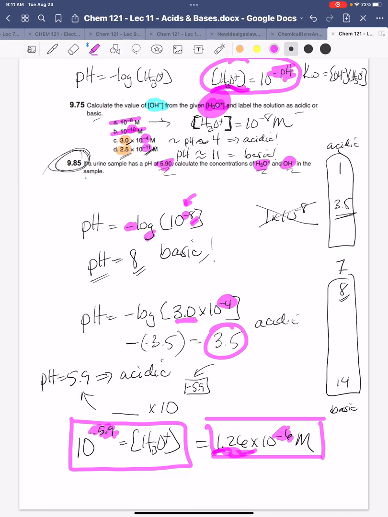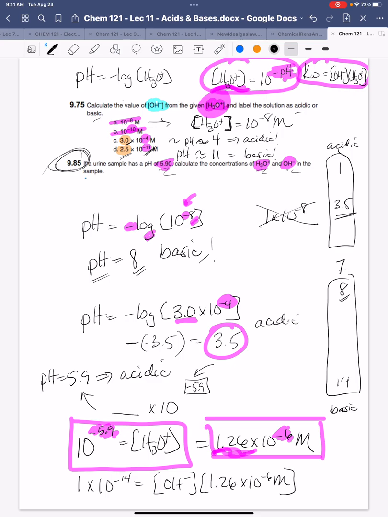And that's where we have to go back to this formula right here. We know it's a constant, 1 times 10 to the negative 14th. We know our H3O plus concentration, so we're looking for the OH minus concentration, 1.26 times 10 to the negative 6th molar. The big point here is that without even doing any calculation, because this is negative 6 and this is negative 14, if you're familiar with what happens when you multiply exponents, exponents add together.